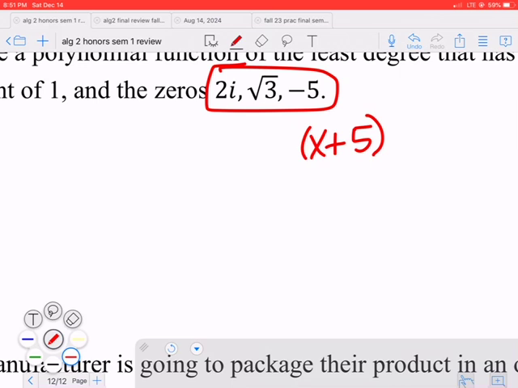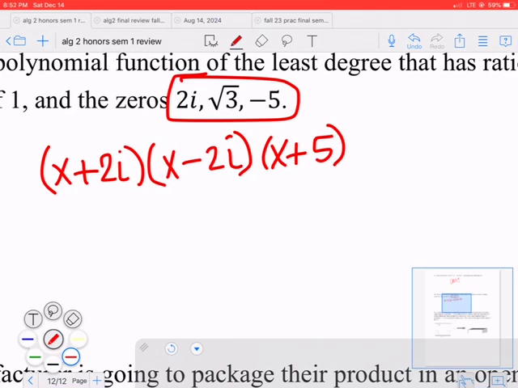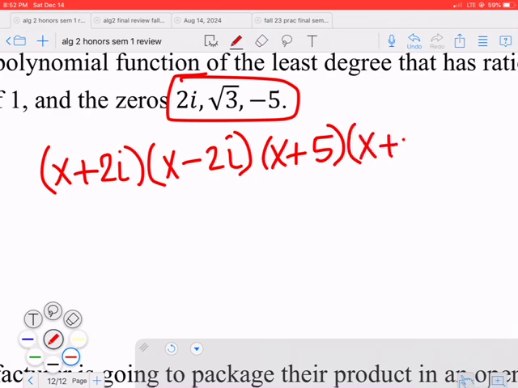Since the 0 is 2i, we would have x plus 2i and also x minus 2i. The i's do that, and so do the radicals. So if there's a root 3, then we would have x plus root 3 and x minus root 3.